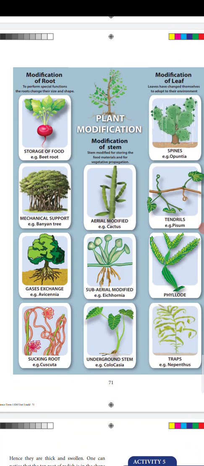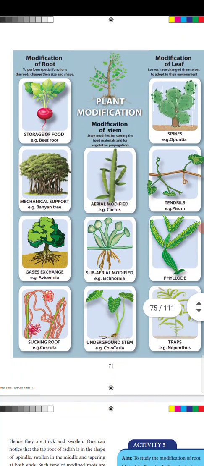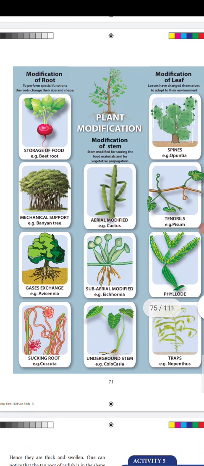For example, the Avicennia tree, which grows in mangroves and swamps near the sea. The roots are present on the outer side.